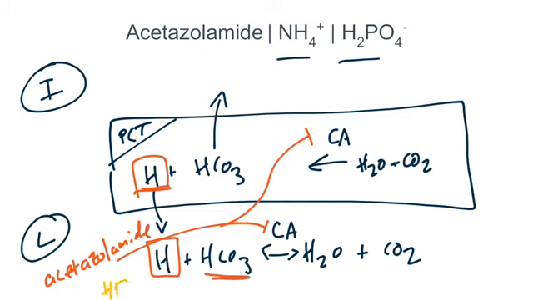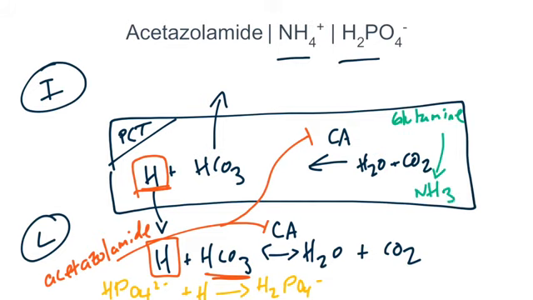Recall that hydrogen phosphate is filtered and binds with hydrogen to form dihydrogen phosphate. Also recall that glutamine is used to synthesize ammonia, which is secreted into the lumen and then buffers acid to form ammonium.